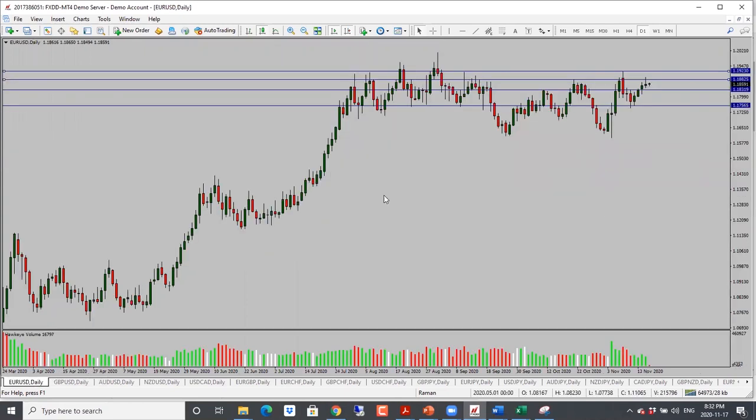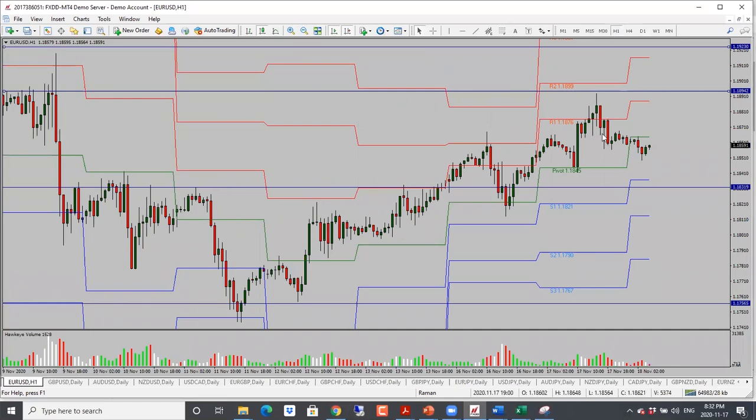We'll start off with euro dollar as usual. Here we see yesterday we were looking for price to go up. Now we do see the price went up. However, it is into resistance here. It's starting to come into these levels of resistance. We saw that price actually bounced off of this resistance level here.